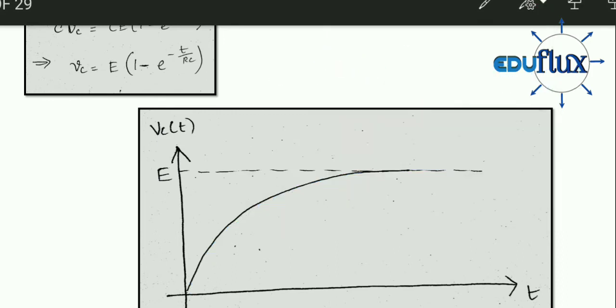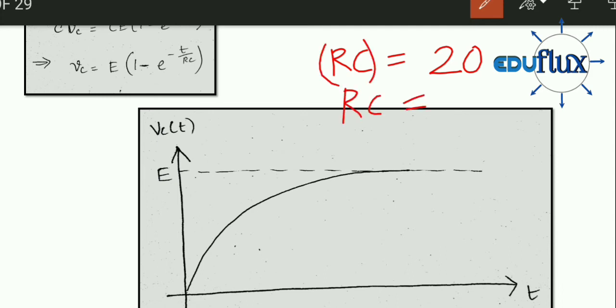What is the significance of time constant? Suppose in one circuit Rc is 20, in some appropriate units, and in the other circuit R2C2 is 30.